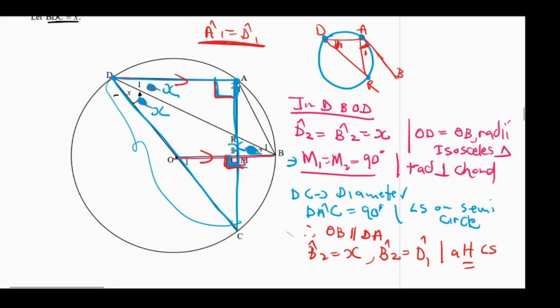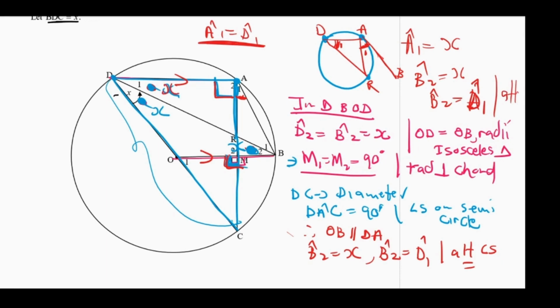remember the previous question, we said A1 is equal to X. So A1 was equal to X, and now we just found that B2 is equal to X, of which B2 is equal to, I mean is equal to D1, sorry, D1, which is alternate angles.